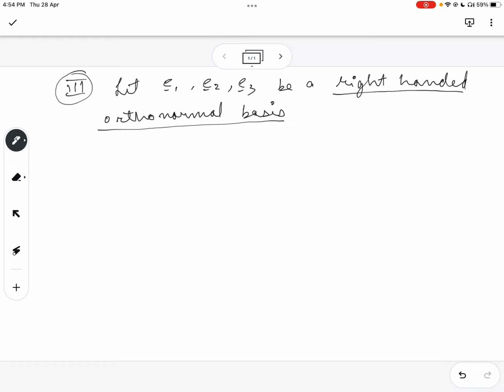We'll come to what right-handed means in a moment. First, we'll write it in terms of expressions, that E1 cross E2 is E3, E2 cross E3 is E1, and E3 cross E1 is E2.